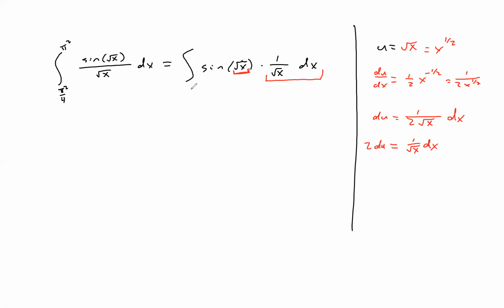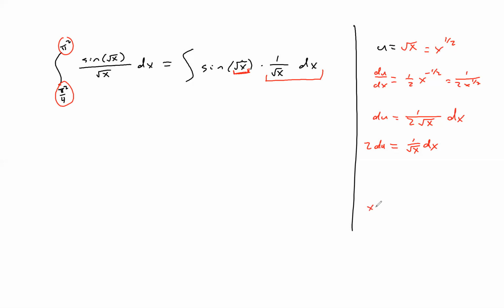The only thing we have left to do is we have to update our bounds, right? This was the only difference in this lesson from your previous lesson on substitution, is now we have to figure out what our new bounds are. So again, our substitution is we're doing the square root of x. Let me write this down over here.